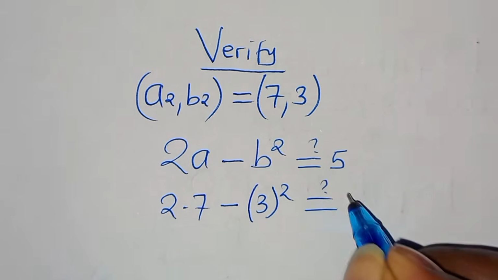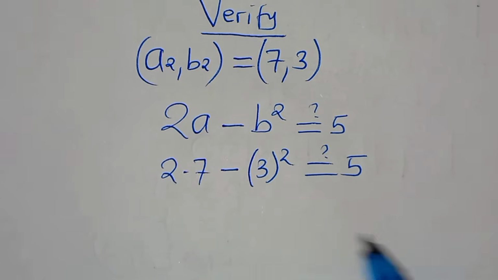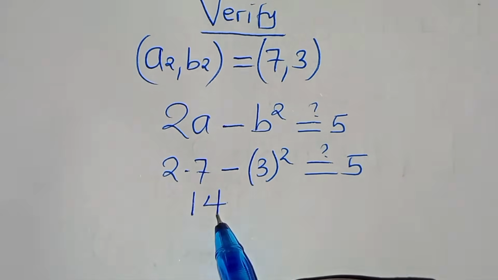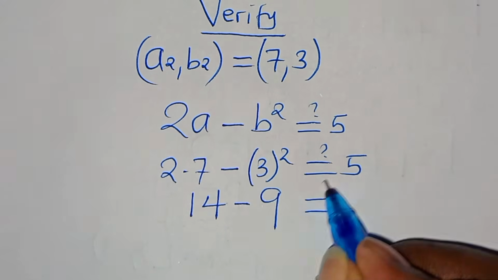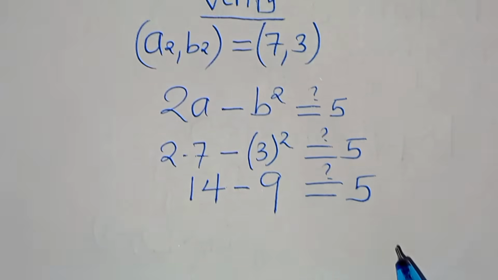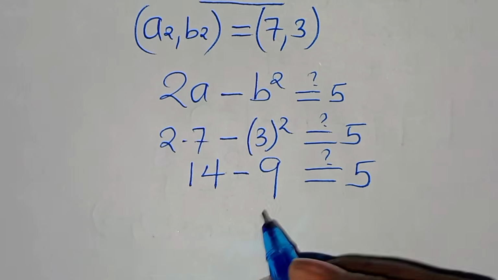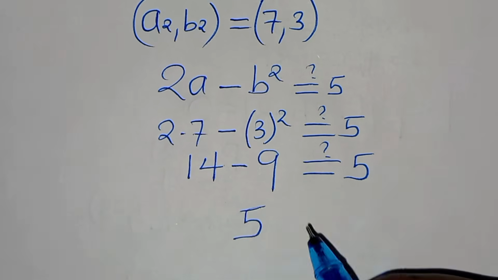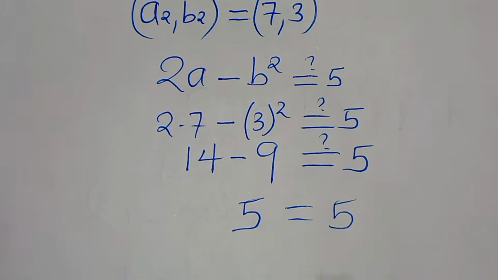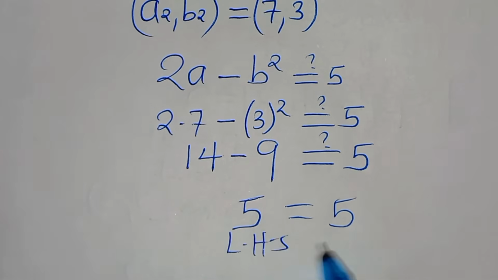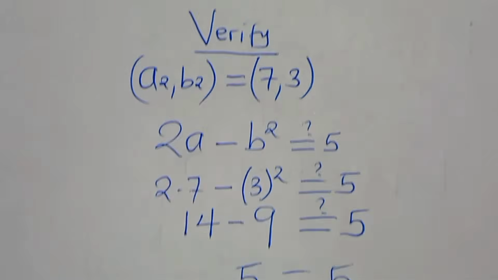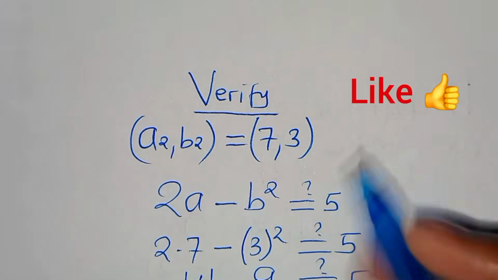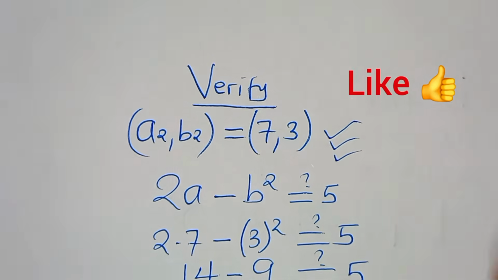So 7 times 2 is 14, minus 3 squared, which is 9. This is supposed to give us a value of 5. So 14 minus 9 is the same thing as 5, which is equal to 5. So the left hand side is equal to the right hand side, and this proves that a2 comma b2 also satisfies the equation.